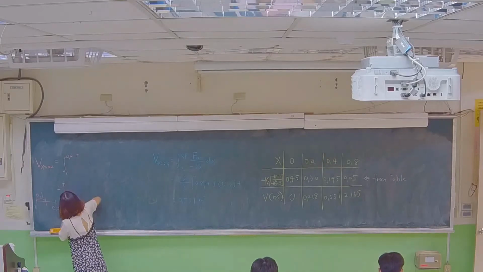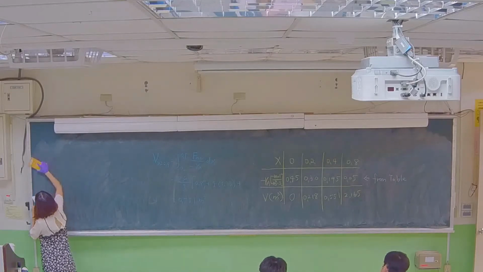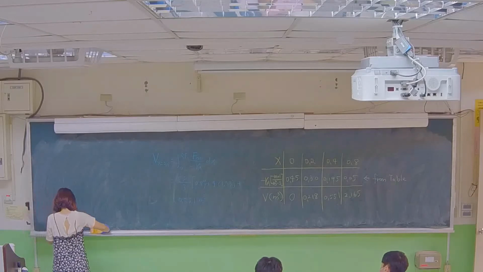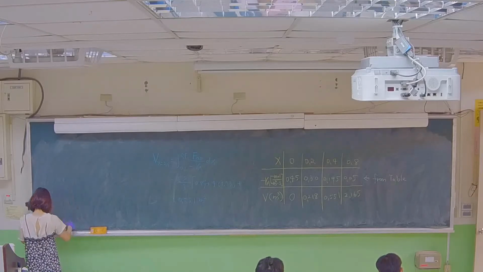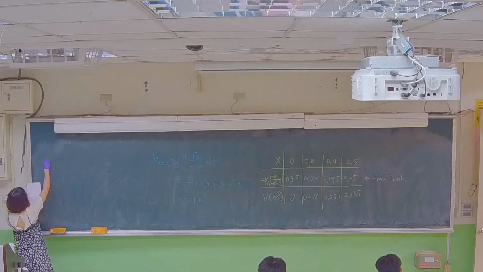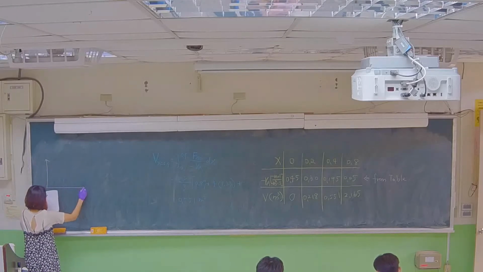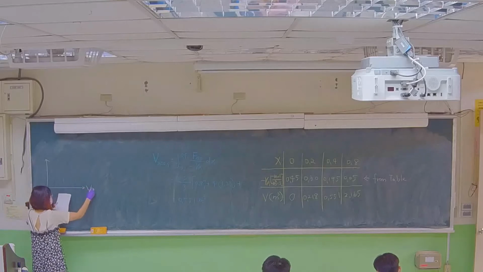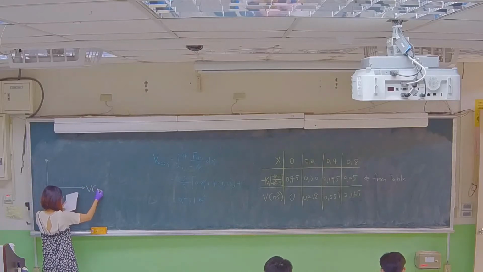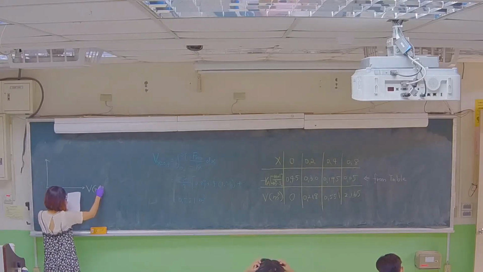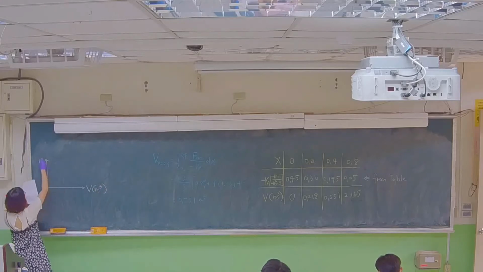Try to use this data to draw a curve. So the first curve is volume versus conversion.